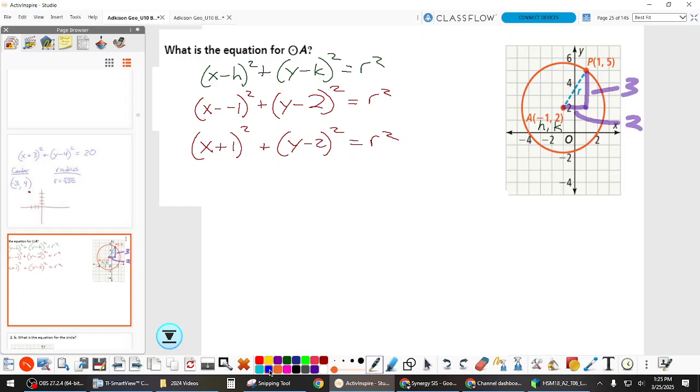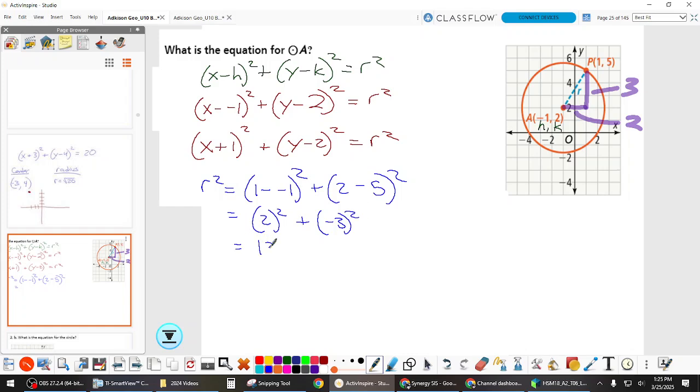If you want to write it all out, here's how that would look. So let's start with 1 minus -1 and 2 minus 5. 1 minus -1 is 2, and 2 minus 5 is -3.